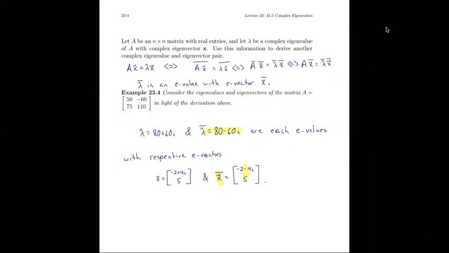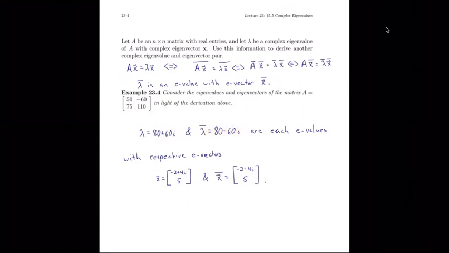So that's basically what the fact above this example is telling us. Once we compute one complex eigenvector, we just take its complex conjugate and we get our other eigenvector, which corresponds to the complex conjugate of the eigenvalue. So that's a really nice shortcut.